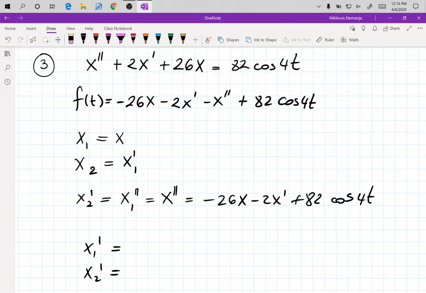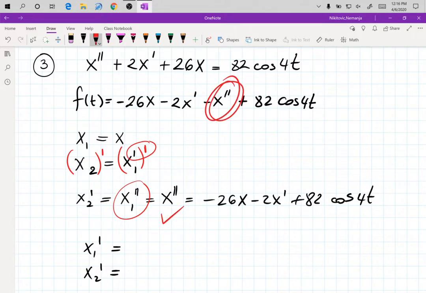And when I get to x2 prime, I differentiate both sides, which adds a second derivative on x1. That's how I got that. But now, since x1 is equal to x, then it's just x double prime. And I know what x double prime is equal to from the formula.